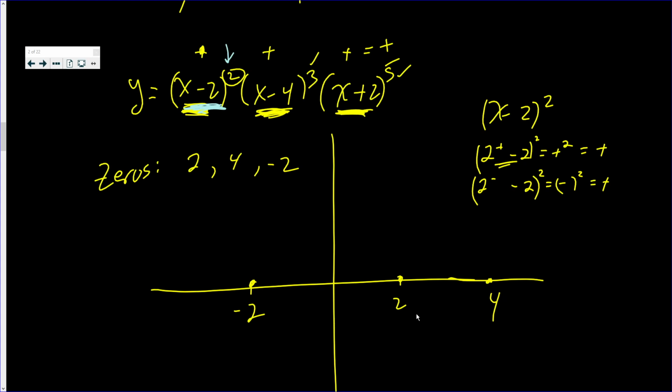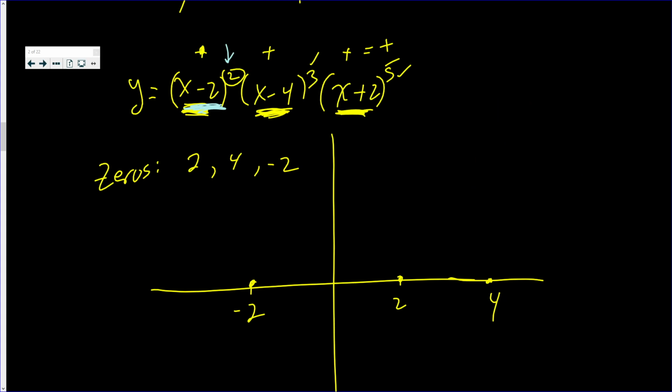If x is around 4, let's look at x minus 4 to an odd power. If x is a little bit more than 4, and you take away 4, that will be positive.